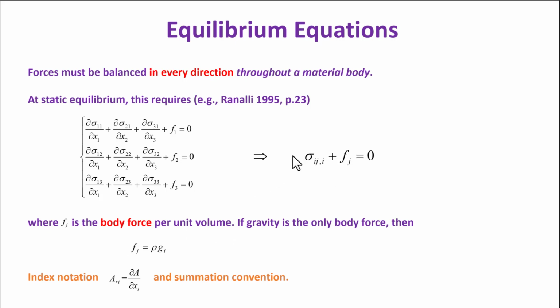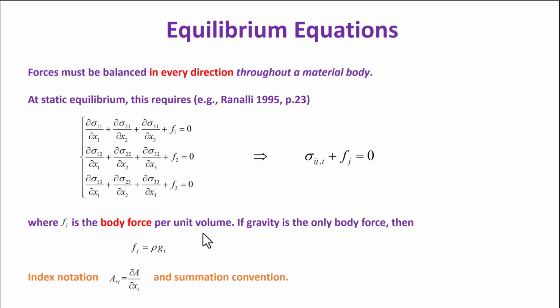Sometimes we use a shorthand to write this equilibrium equation. This equilibrium equation is derived in many textbooks. If you want to have the details of how this equation is derived from Newtonian mechanics, this textbook you can check, Ranalli 1995. It's often written in a shorthand form using Einstein convention, so sigma_ij,i plus f_j equals 0.